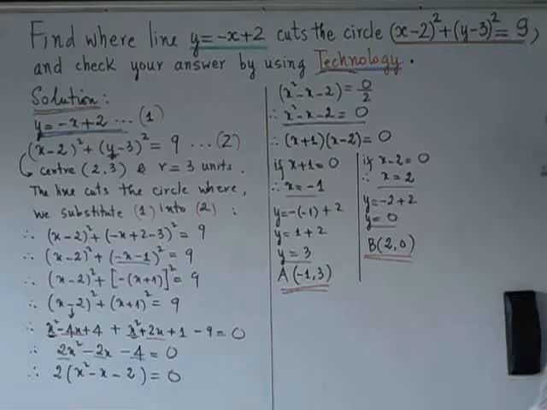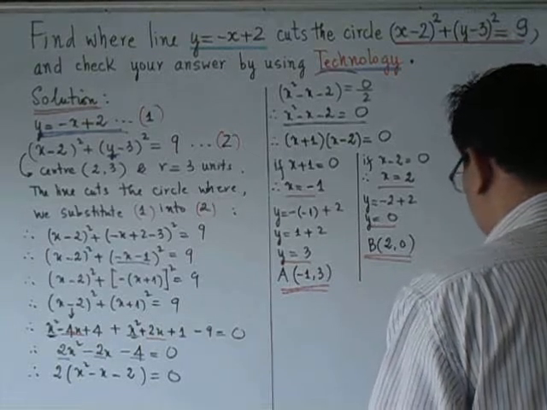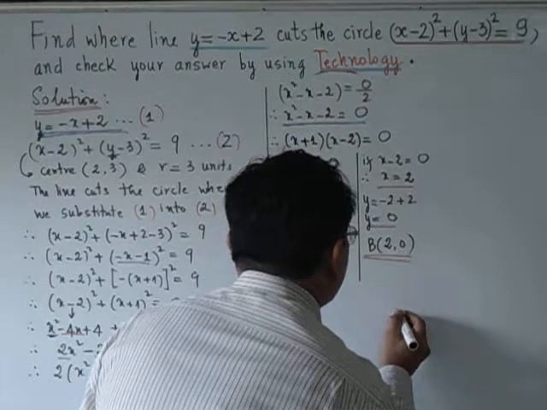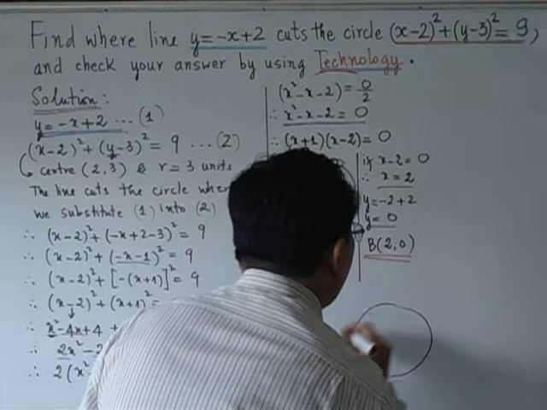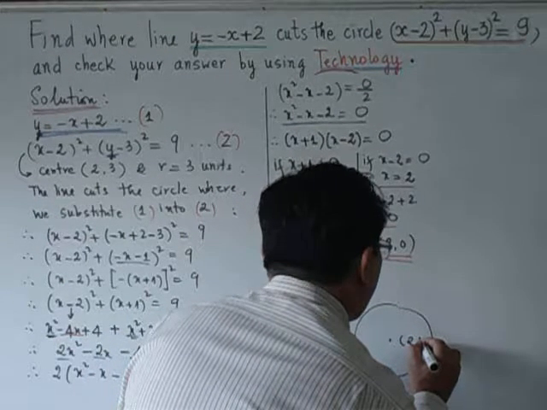So now by freehand drawing we can see, for example, here is the circle. The center is (2, 3).